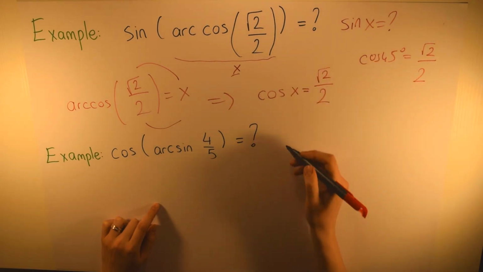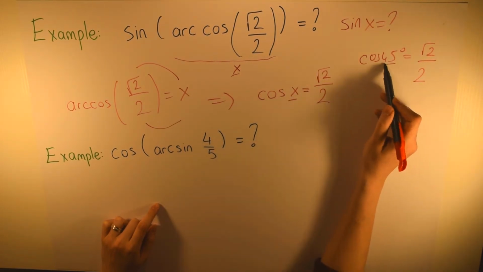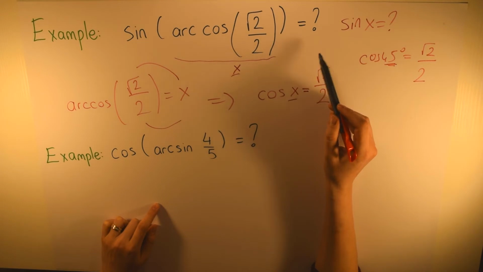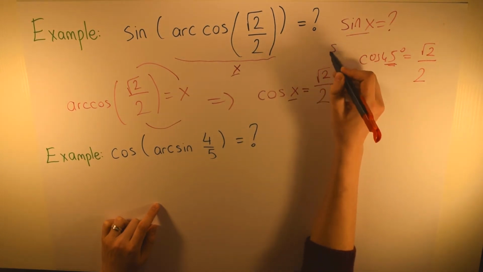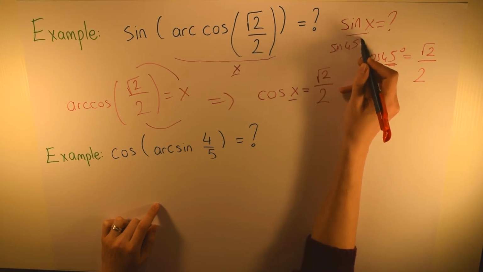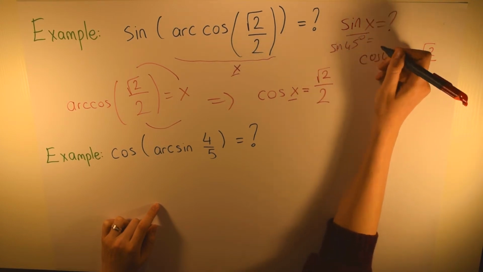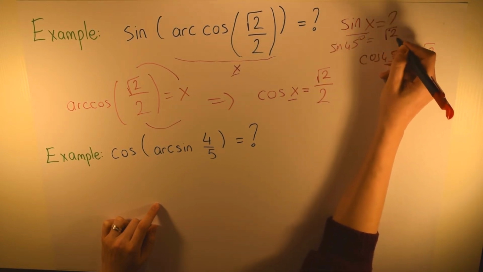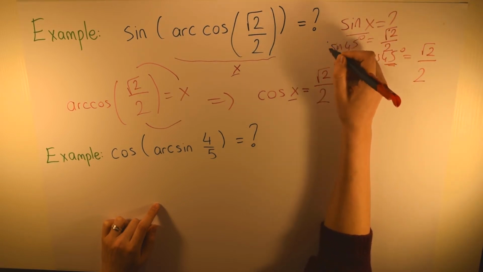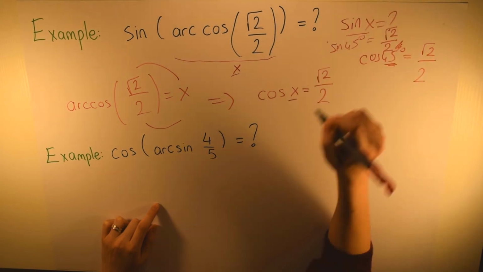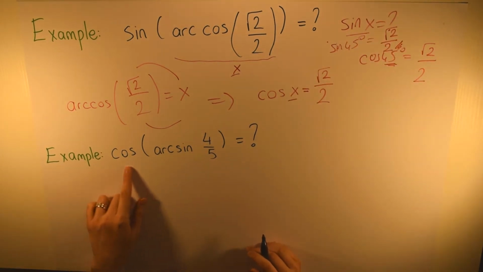So it means that our x is equal to 45 degrees. Sine x was asked, so sine 45 degrees is also equal to square root of 2 over 2. Okay, so this is the solution for our example.